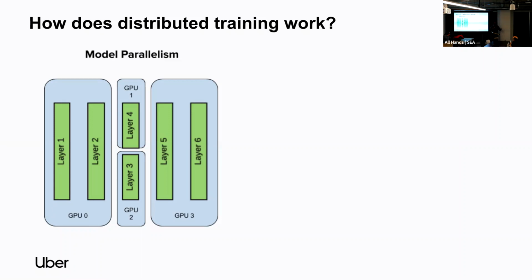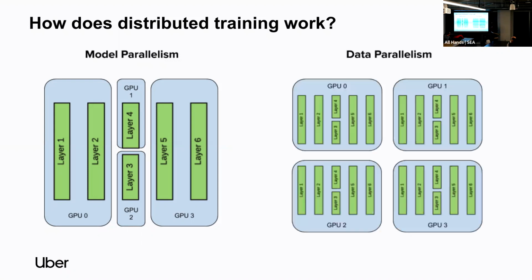That host is in charge of training that shard of the model. The second common way is to have the entire model live in one GPU, but then you shard your data. It's called data parallelism. We're going to talk about these two techniques, compare their pros and cons, and then talk about Horovod, which uses data parallelism.